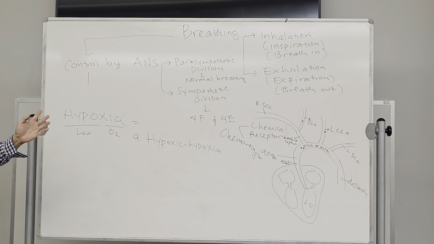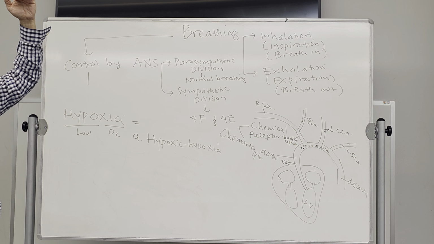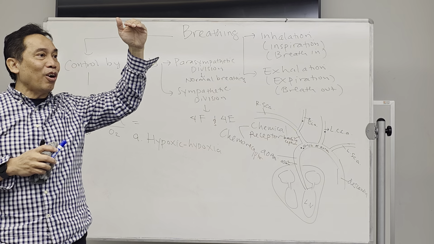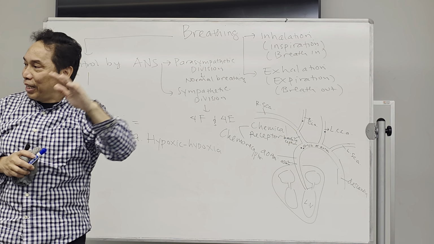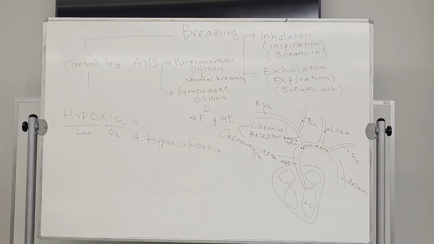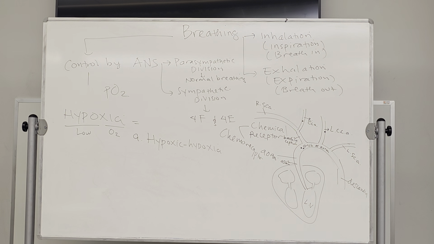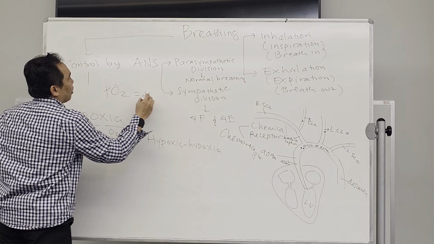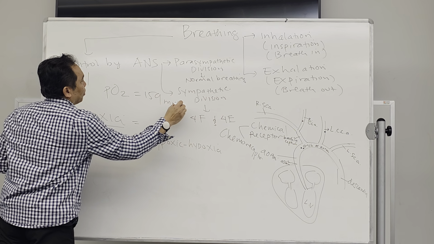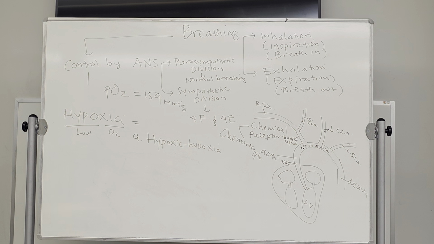So when it is happening, for example, if you like to go mountain climbing, on a higher place, we actually have less oxygen pressure compared to a lower place. So at the beach, for example, the oxygen partial pressure is 149 millimeters of mercury, which is very high.